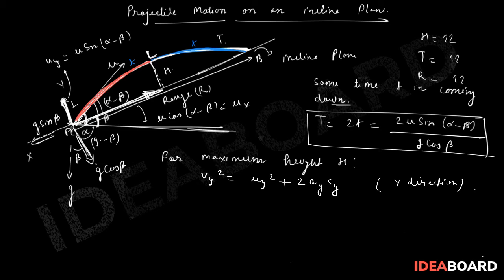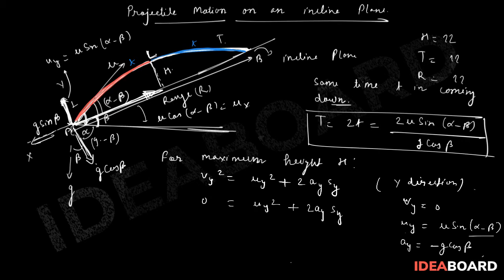So pretty interestingly, you know that vy is going to be 0, uy is going to be, as we have decided, u sin(alpha minus beta) because of the components, and ay is nothing else but minus g cos beta. So we can substitute 0 is equal to uy square plus 2ay sy.